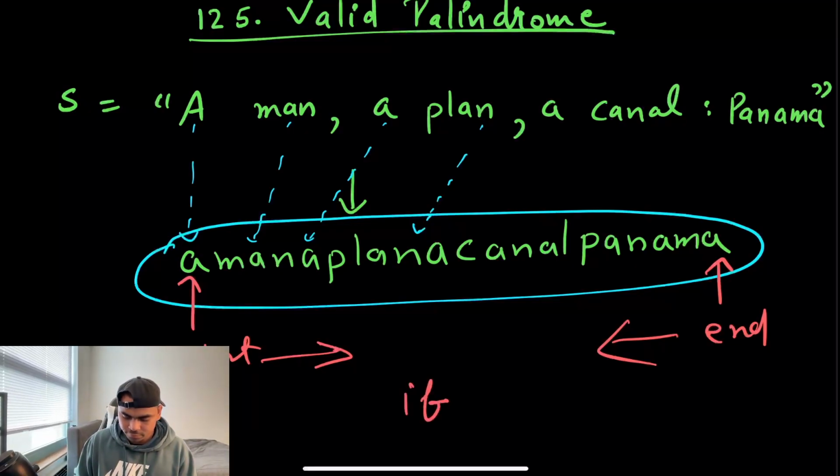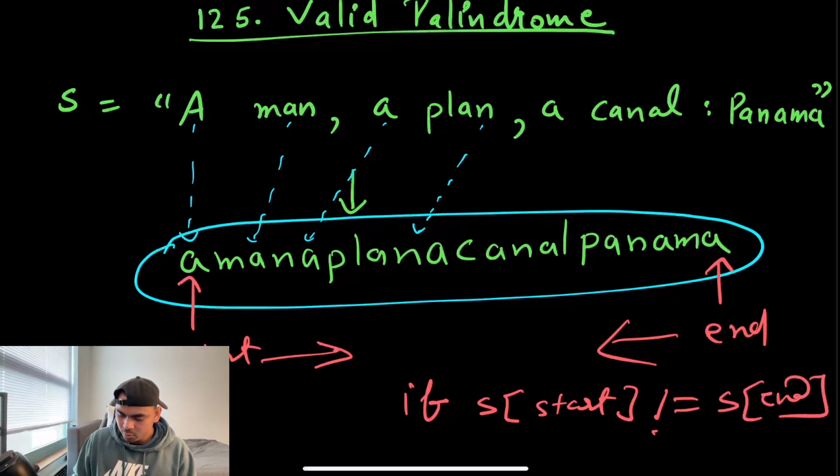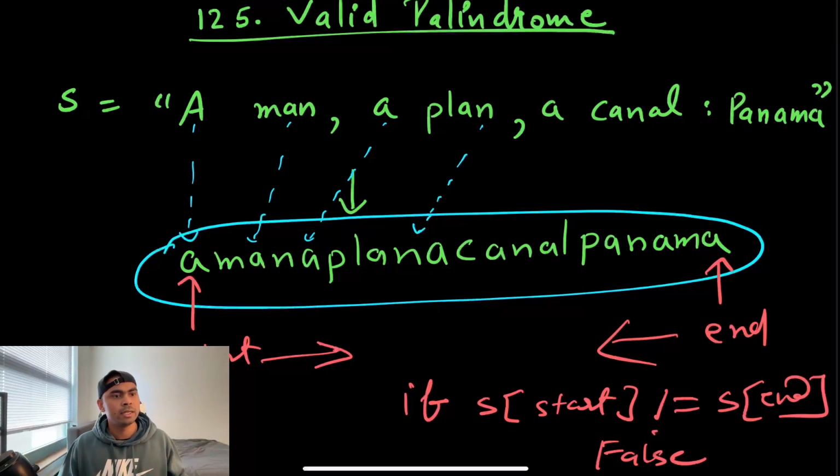If s[start] does not match s[end], we return false. Otherwise we return true. This alphanumeric thing we're going to handle in the while loop of the two pointers. All right, let's go and code our solution.